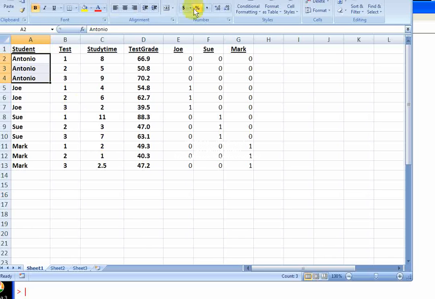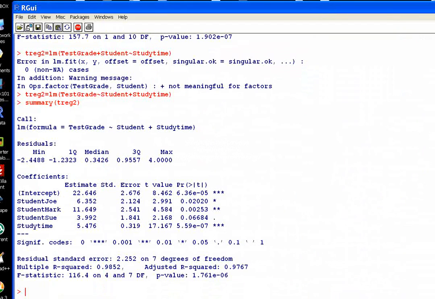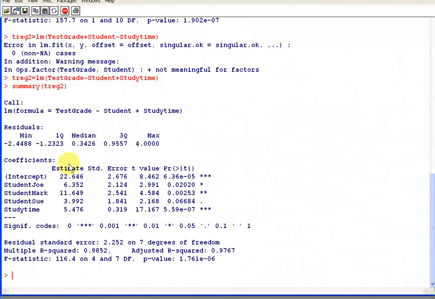He's the reference category. So what these coefficients here mean is we've estimated now the y-intercept is 22.6. That changed a lot when we did this fixed effects model. This tells us that we're estimating that Joe is about 6 points better than Antonio, the one we left out, and that Mark is about 11.6 points better than Antonio, and that Sue is about 4 points better than Antonio.